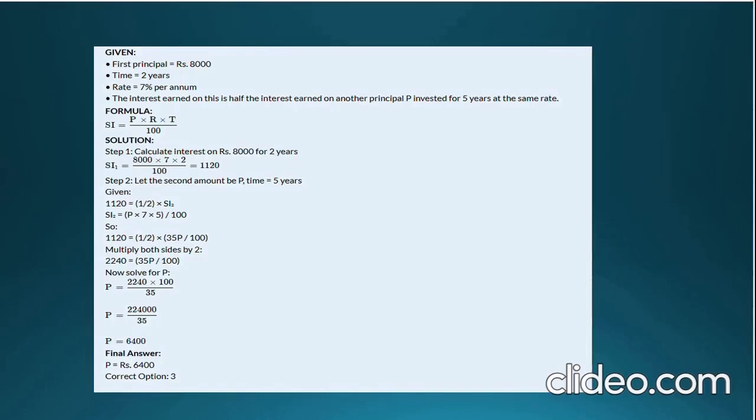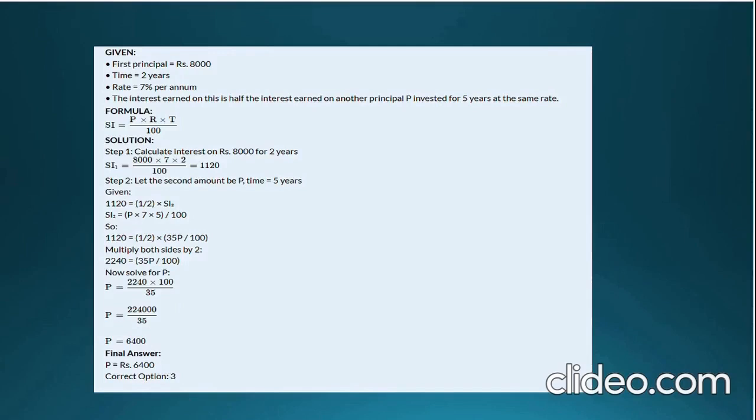That is, 1,120 is half into 35 P by 100, because it is half of the amount. Now solving for P, you get 2,240 into 100 by 35, which is 6,400. So the answer for P is 6,400. The correct option is option 3.